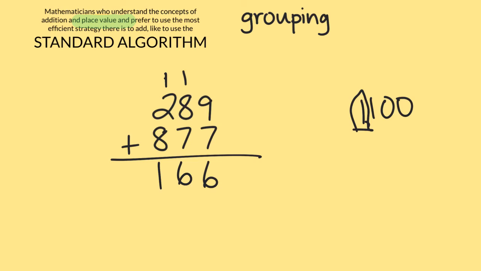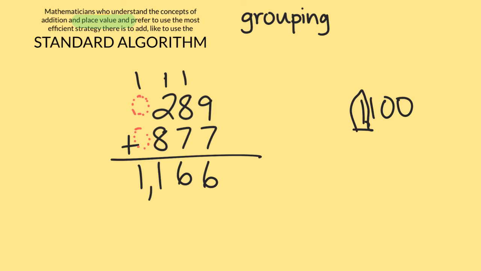So I am going to add that 1,000 in the thousands column. I'm not carrying anything. I've simply grouped together my 10 hundreds to make a new 1,000. Now, because my number 289 doesn't have any thousands, and my number 877 doesn't have any thousands, I just add together 1 plus 0 to have 1,000.